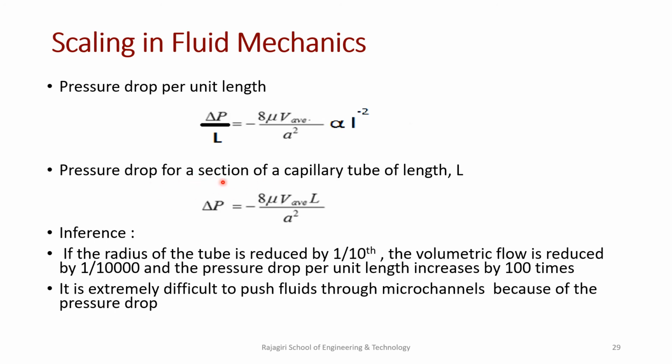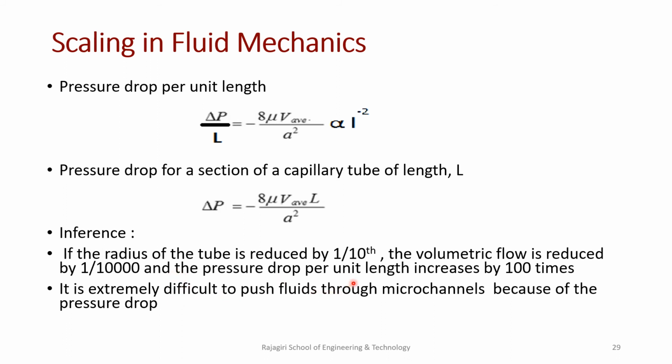The pressure drop for a section of a capillary tube of length L can be obtained by multiplying this with L. That is, delta P will be equal to minus 8 mu V average into L by a square. So the inference is that if the radius of the tube is reduced by 1/10, the volumetric flow is reduced by 1 by 10,000 because volumetric flow Q is proportional to a raised to 4.